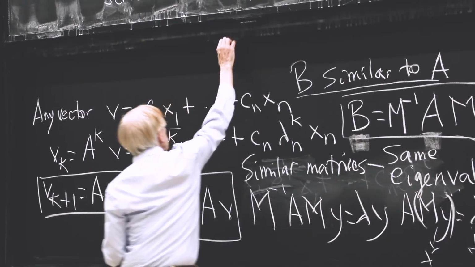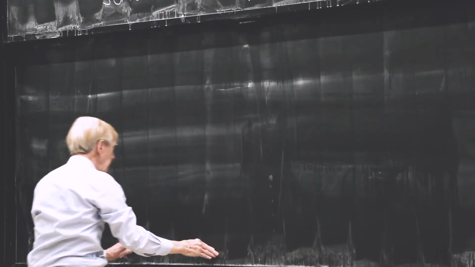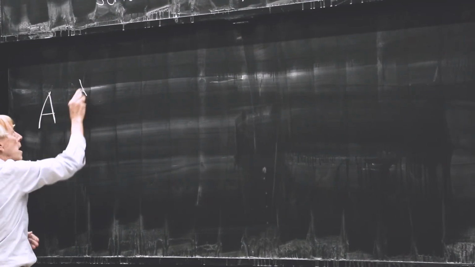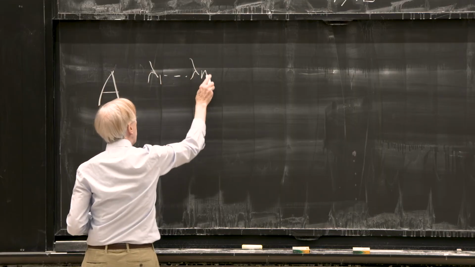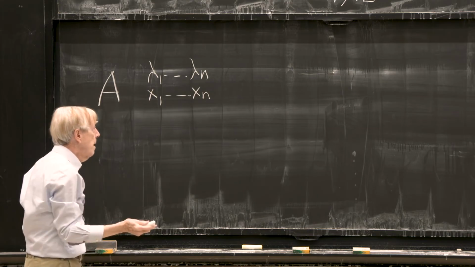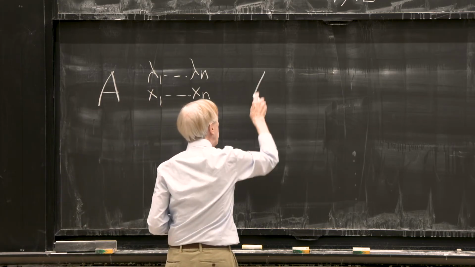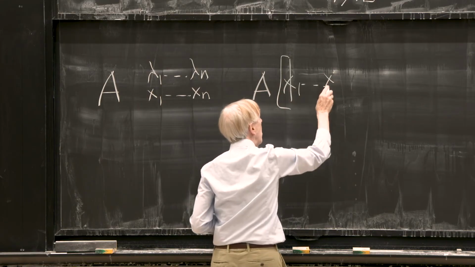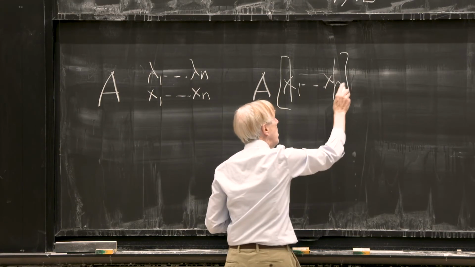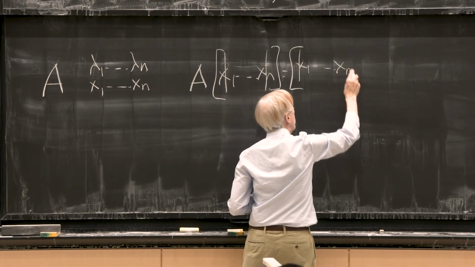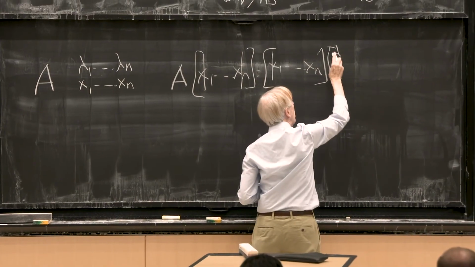So finally, let me write that conclusion here, which isn't just for symmetric matrices. So maybe I should put it for matrix A. If it has lambdas and eigenvectors, the claim is that A times the eigenvector matrix is the eigenvector matrix times the eigenvalues.